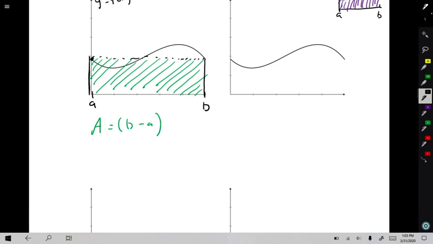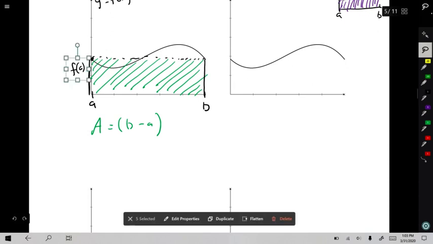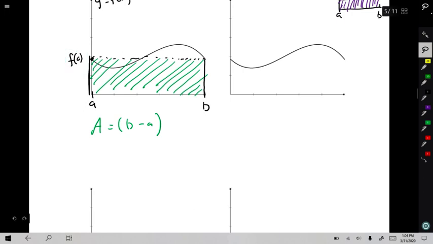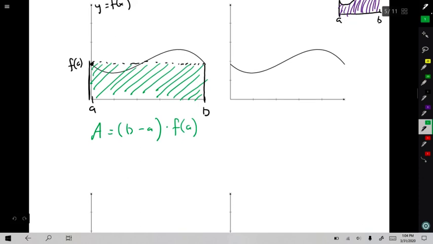And the y value above x equals a is exactly f of a. Cool. So that is the corresponding y value there. And so base is b minus a times height is f of a. Cool. All right, so I have a nice formula for the area of that green rectangle.